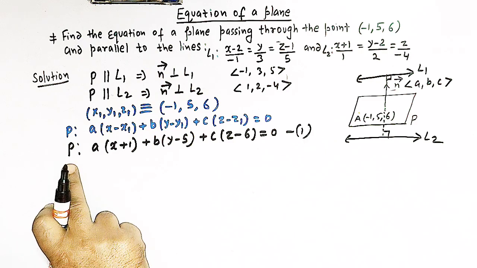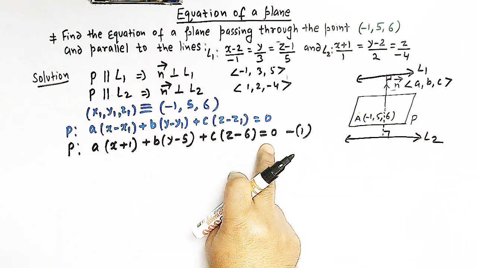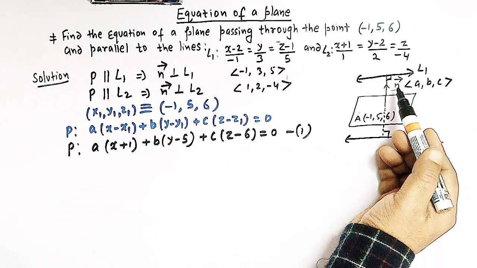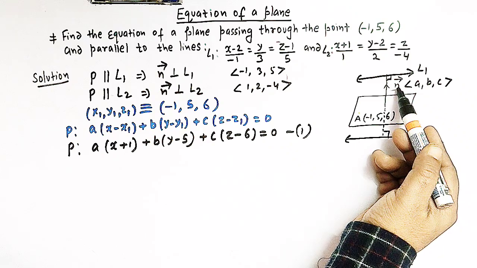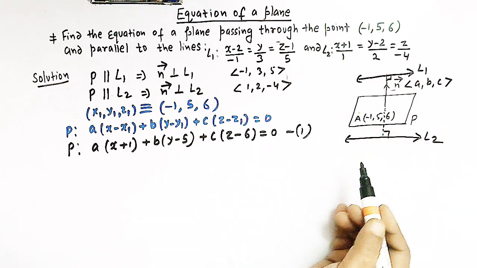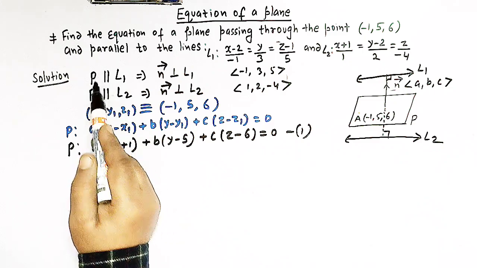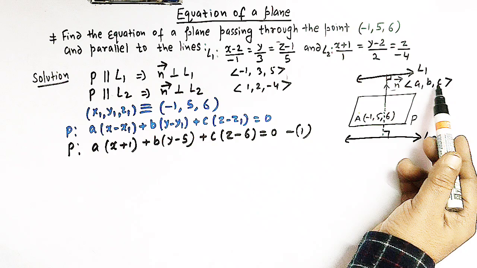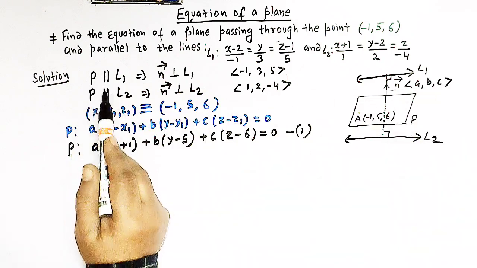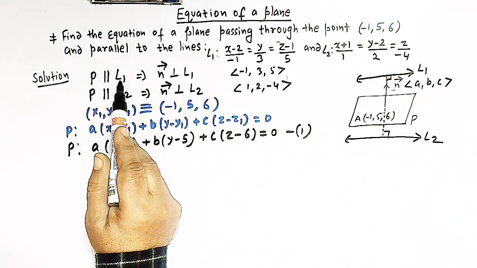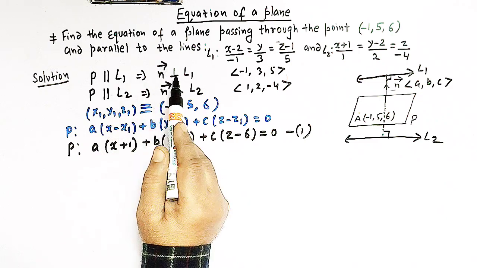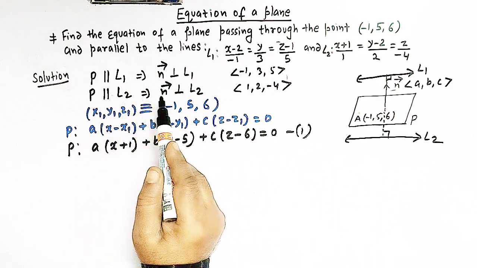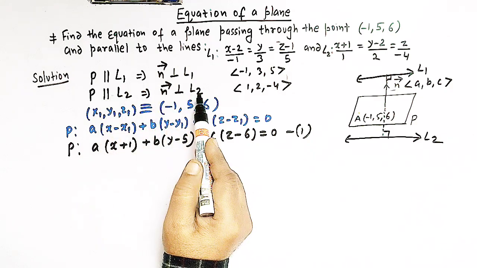So the equation of the plane P is given by this equation, and now we need to find the direction ratios of the normal vector n. For this we will make use of two conditions, forming two equations in A, B and C: plane P is parallel to L1, so vector n is perpendicular to L1, and plane P is parallel to L2, so vector n is perpendicular to L2.